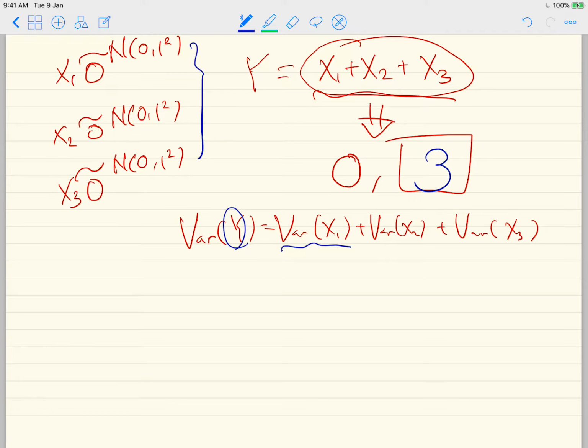So how can we make this variable y have the same variance as each of our input variables x? Okay, we want to have the variance as 1. So in this case, we can simply divide it by what?